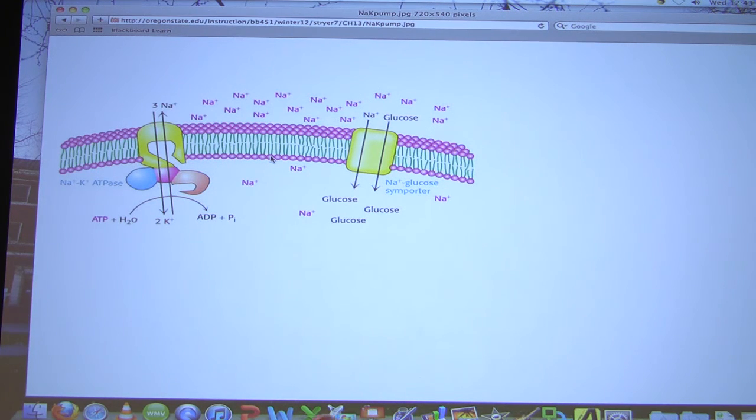What are we going to do to the sodium-potassium ATPase? It's going to slow down, right? If it slows down, what's going to happen to the concentration of sodium outside the cell? It's going to fall. If the concentration of sodium outside the cell falls, what happens to the ability to pump calcium out of the cell? It will also fall.